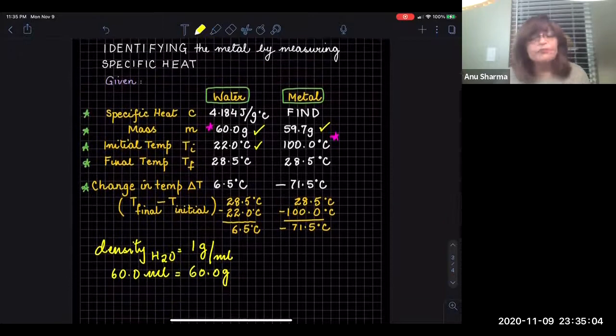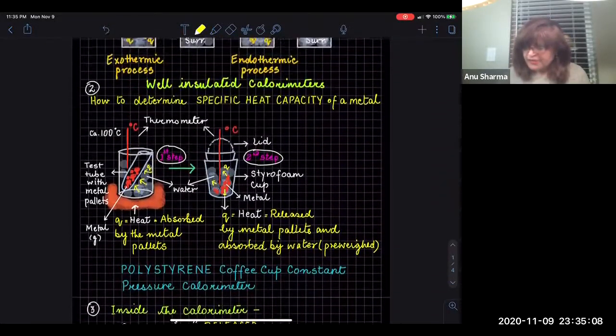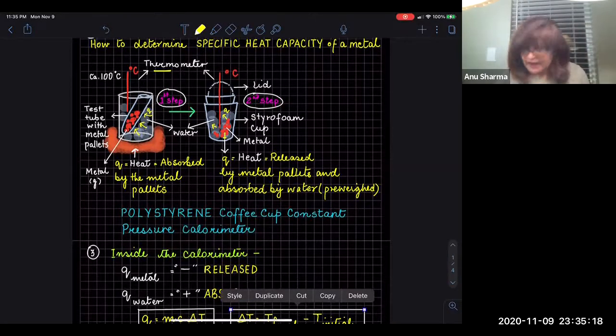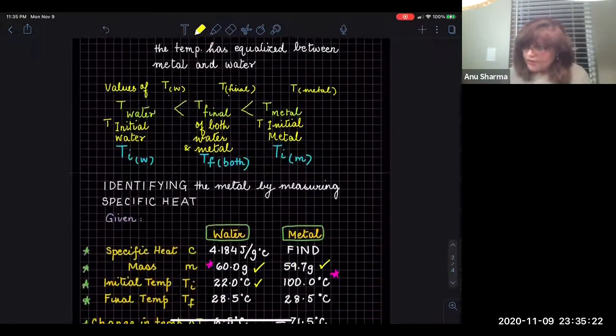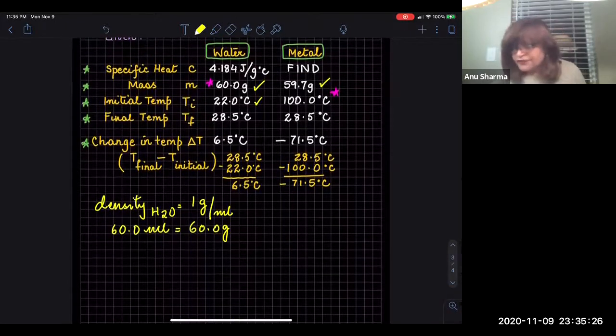Now that is the boiling temperature of water, so normally it reaches that, but sometimes it could be say 99 or 101. So whatever the reading is on this thermometer, that reading you are going to take. The temperature reading for the metal is coming from the water in the beaker, and the temperature reading of the water is coming from the water present in the calorimeter. Okay, so that's your initial readings.